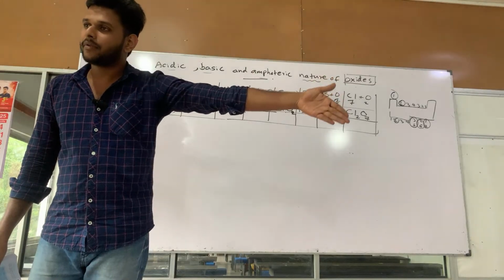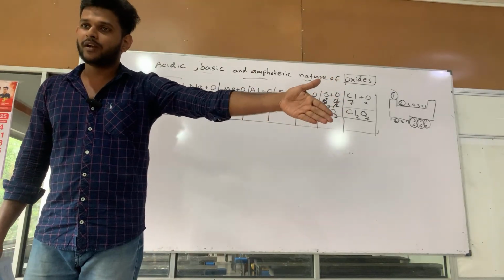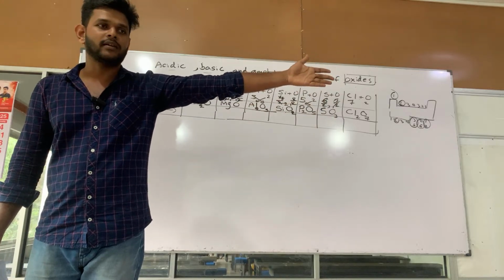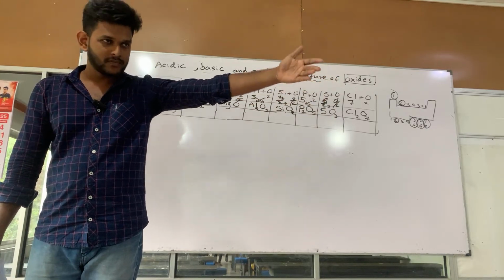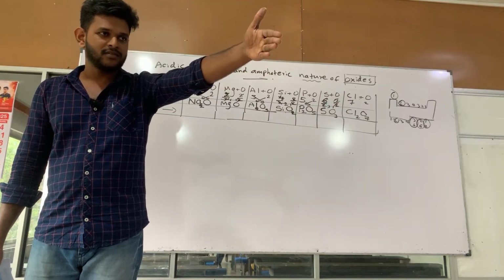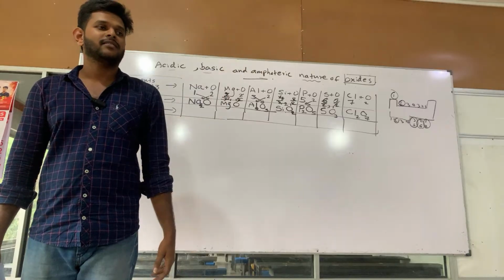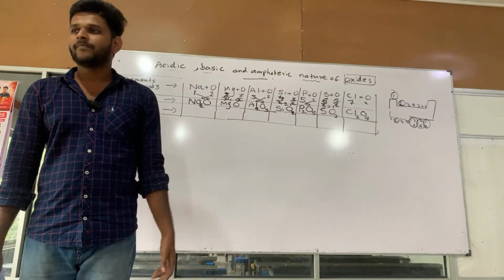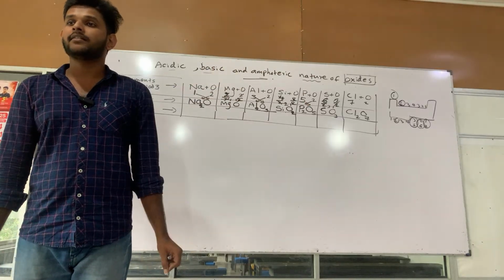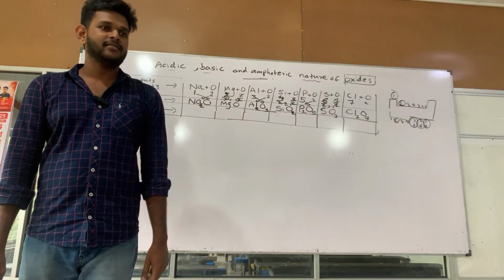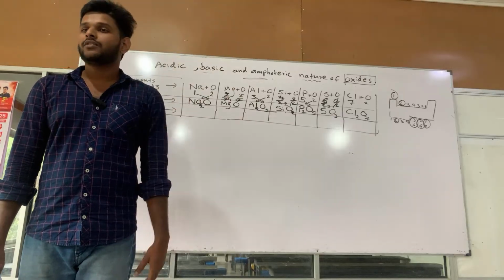You have to write it by your own. In the papers, they ask you to write the oxide of magnesium, aluminium. Then they ask you to write what is the nature. Is it acidic, basic, amphoteric? Both you have to do by your own.